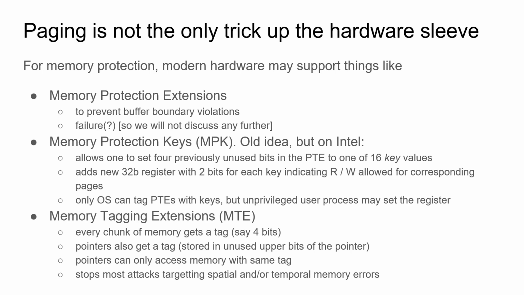And that means that if you try to dereference a pointer to access some other memory, so this was a red tag, and now you're trying to access blue memory, so you change the value of the pointer, and now it points to blue memory, the colors don't match. And that means that there's a problem. And this is a memory error that may allow you to crash the program or so. So this will stop most of the attacks that target spatial and perhaps also temporal memory errors.